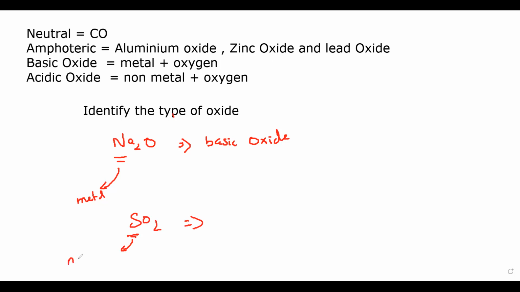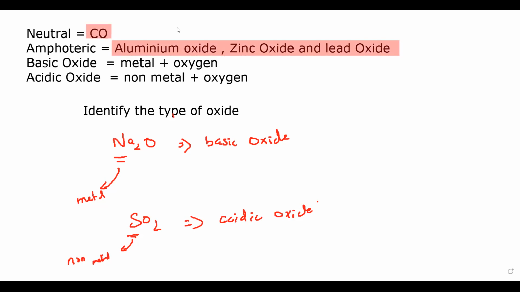Sulfur is a non-metal. So whenever it's a non-metal oxide, what kind of oxide is this? This will be an acidic oxide. So just memorize these examples, three for amphoteric and one for neutral. And if it does not belong to these examples, then you will check the element. If it's a metal, then it will be basic, and if it's a non-metal, it will be acidic.